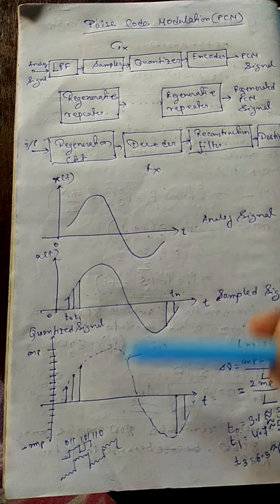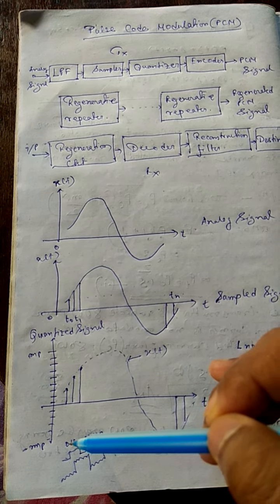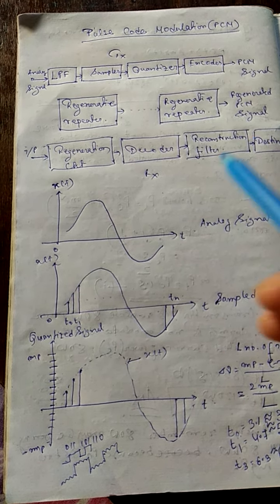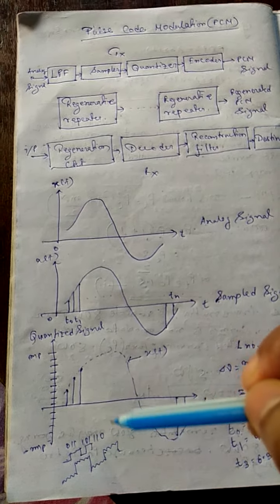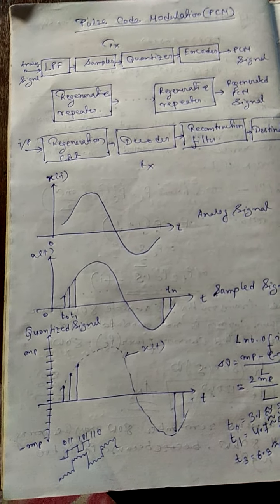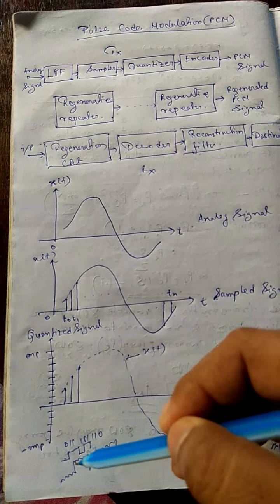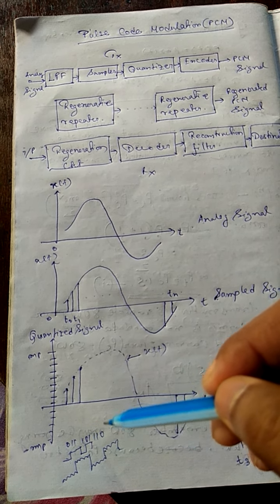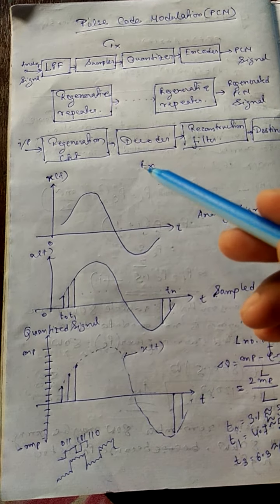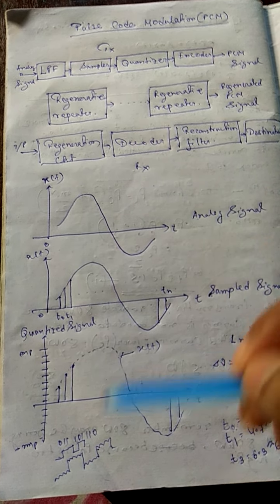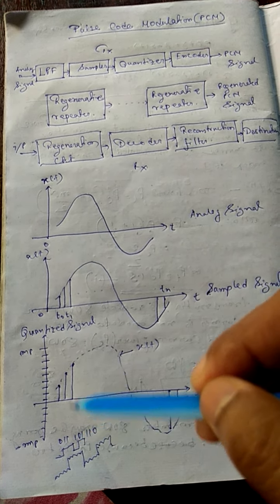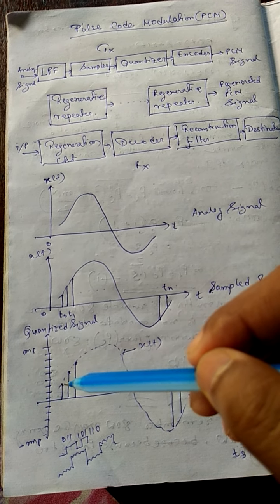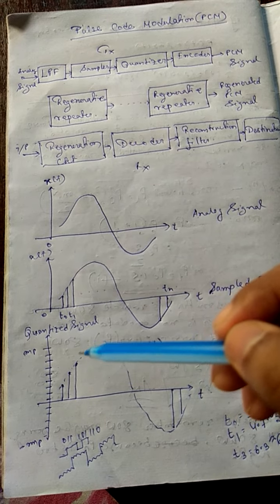If there is a bit stream like 0 1 1 1 0 1 1 1 0, with the help of the decoder we convert the bit stream back: 0 1 1 means 3, 1 0 1 means 5, 1 1 0 means 6. So after the decoder the signal is converted back to the previous levels, 3, 5, 6.